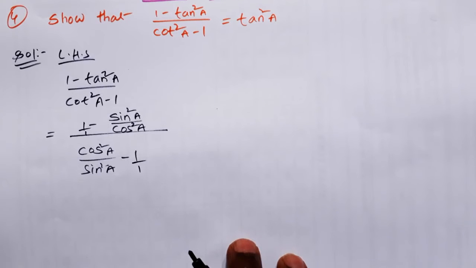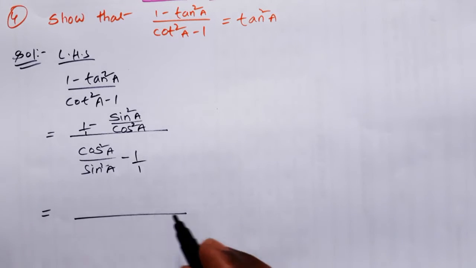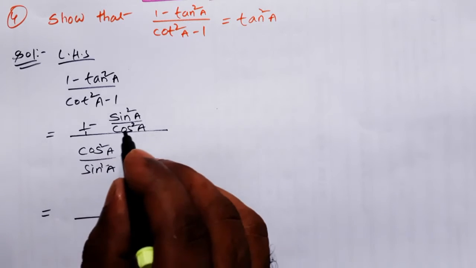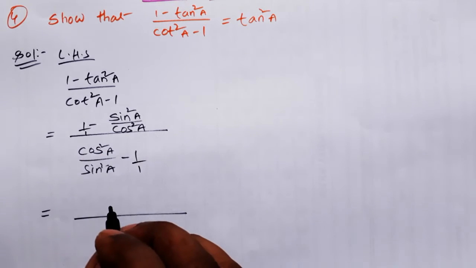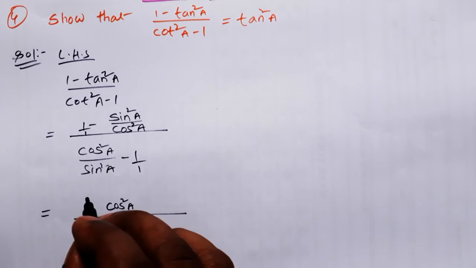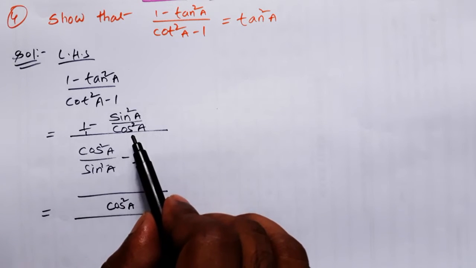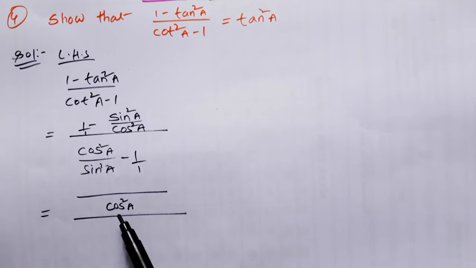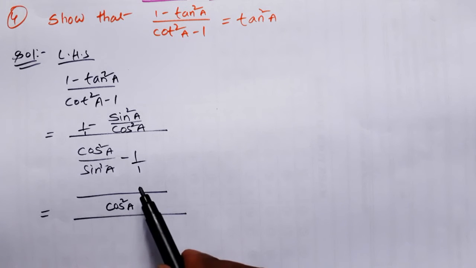Now take the LCM. In the third step, take the LCM. For 1 and cos square A, the LCM is cos square A. Now how to write the numerator values?